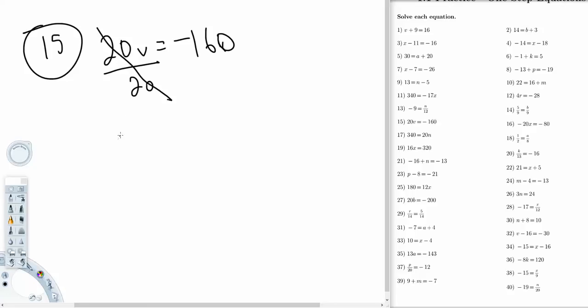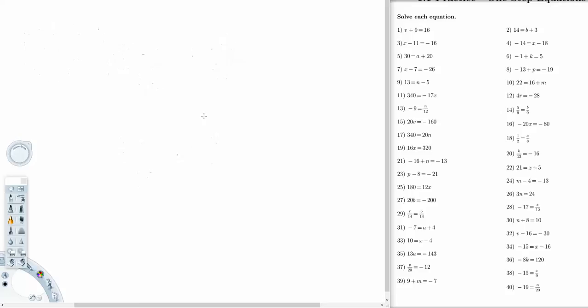Poof. So now it becomes 1v, and anything multiplied by 1 is v. Equals, this is divided by 20. Let's cancel out the zeros, and we have 16 divided by 2. Negative 16 divided by 2 equals negative 8. Am I tripping? 15 is what? Negative 8. Yes. Good. All right.